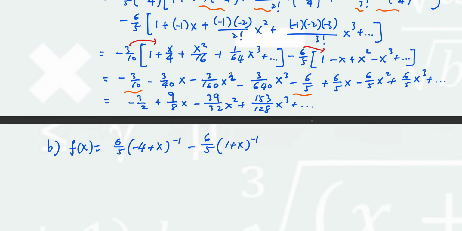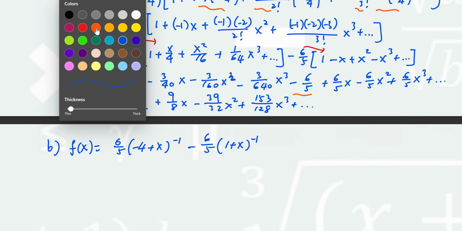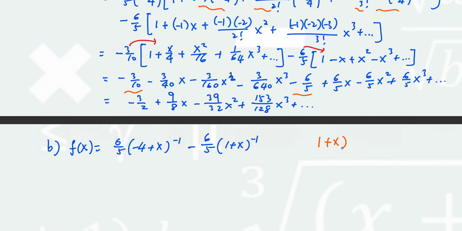So if you need to get 1 over x as a term, you must have the term of 1 over x. Which means now, instead of this formula, you must get 1 over x. So what to do is, instead of writing the x over here, I have to factorize the x. So now here becomes 6 over 5.